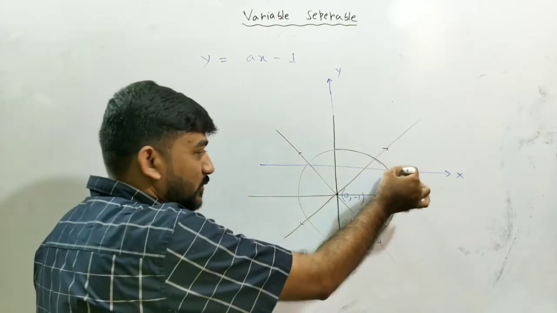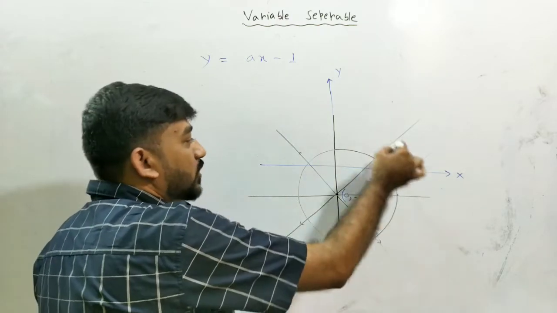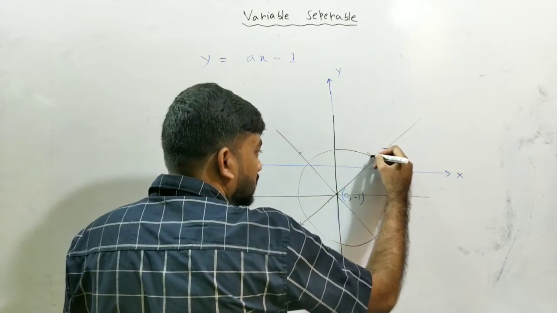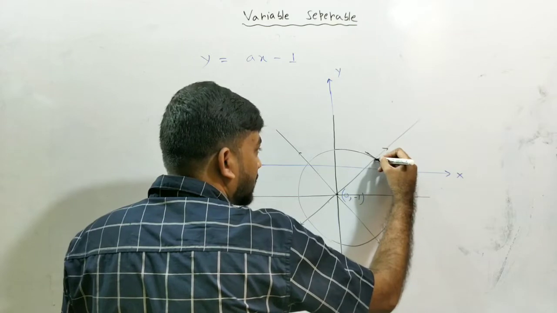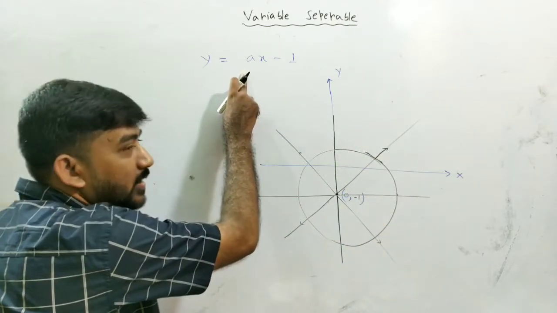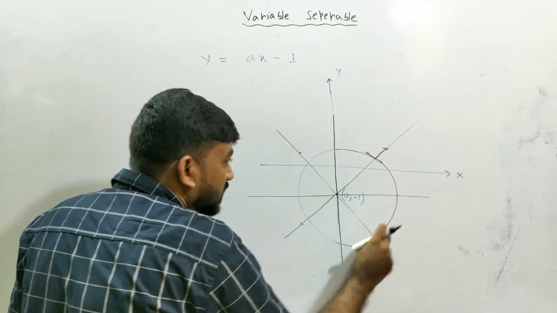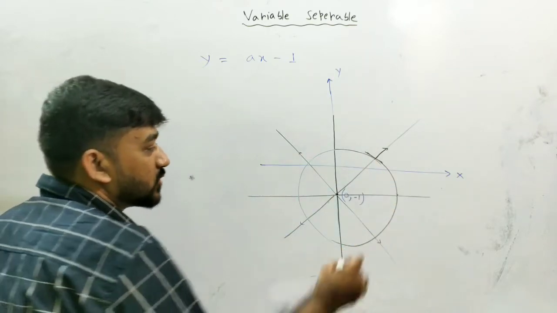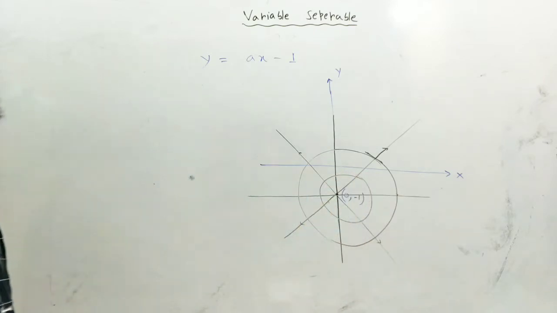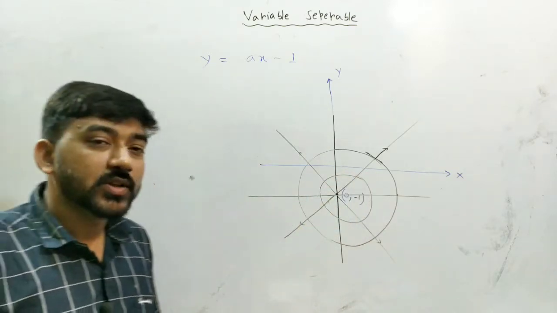In two dimensions, these are the orthogonal trajectories, because if you draw a tangent here, you can see this tangent is perpendicular to this line. So for this family of curves, the orthogonal trajectory is a family of circles. You can draw more concentric circles, which in electrostatics can be taken as the equipotential surfaces.